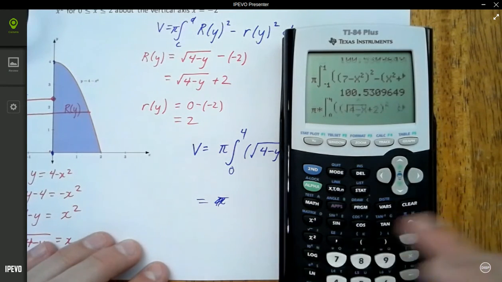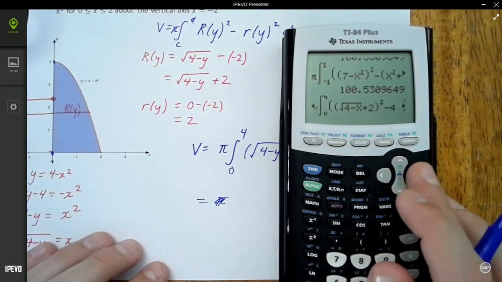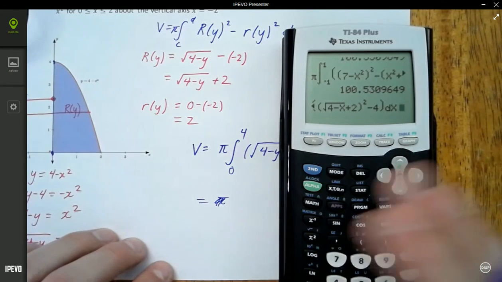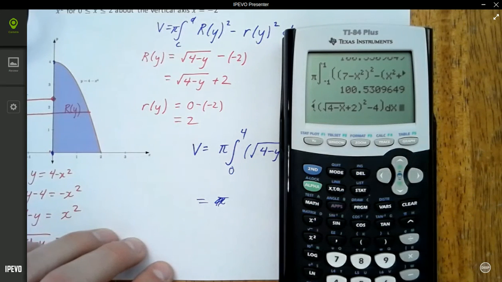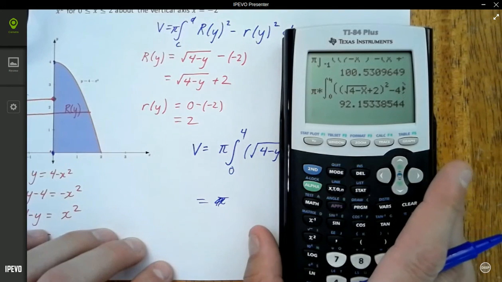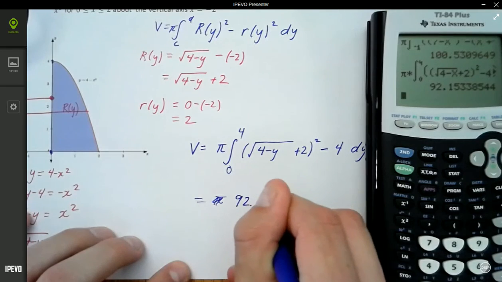Close it off, square it, minus 4. That's already squared, so be careful, and we'll go with respect to x. The calculator doesn't care. I know it's with respect to y, but it doesn't really care. You just have to make sure the limits of integration are set up. So I hit enter, and it should spit something back to me momentarily. So I get 92.153. So 92.153 for the volume.